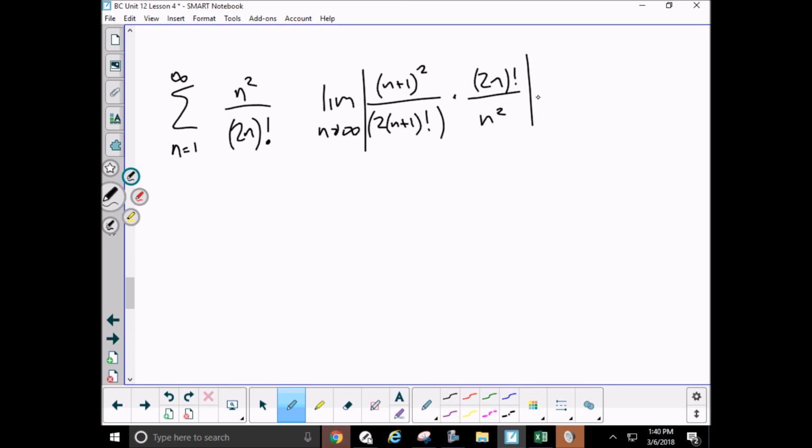Then rewrite, simplify. This 2 times n plus 1 factorial turns into 2n plus 2, which turns into 2n plus 2 times 2n plus 1 times 2n factorial.